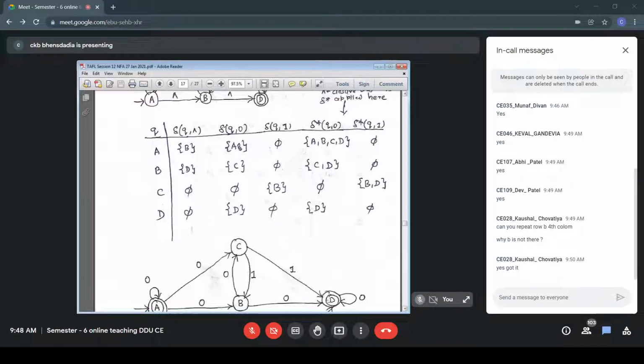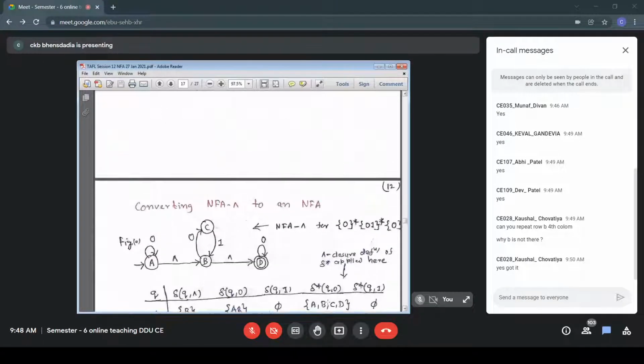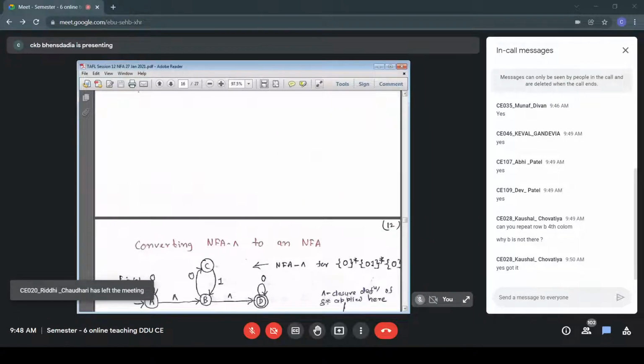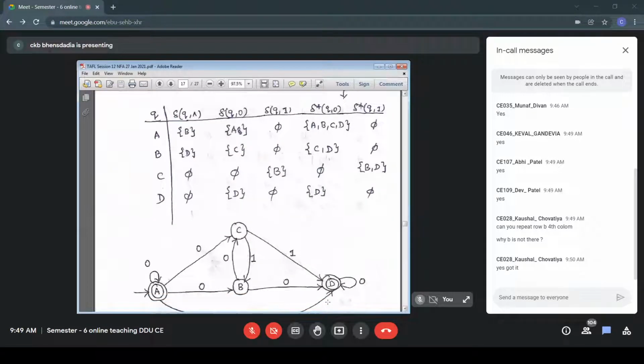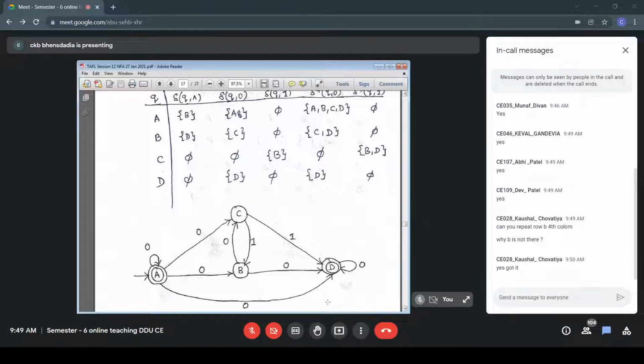So that is D. Moreover, because we can reach this accepting state D on null, say A to B on null, B to D on null, so we can reach the accepting state from the initial state without consuming a symbol. Therefore, additionally, the initial state is also made an accepting state. So apart from D, we have added this state A.